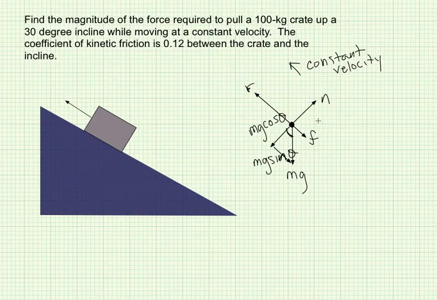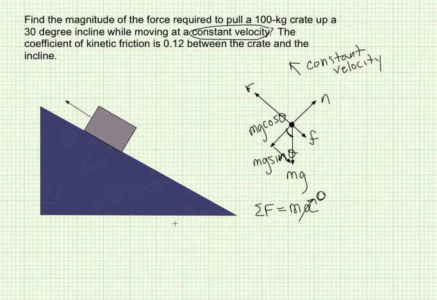We're ready to start, so I'm going to start, as I always do, with the sum of the forces equals the mass times the acceleration. This phrase is huge, and that's because if you're moving at a constant velocity, that means your acceleration is 0.